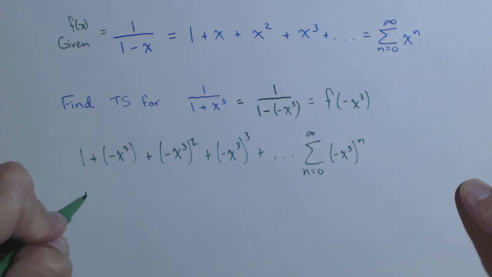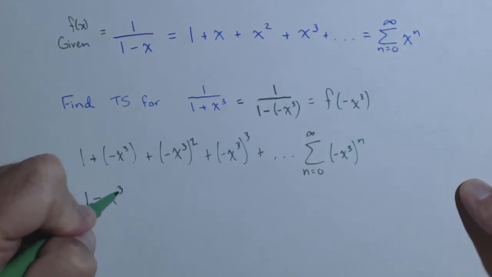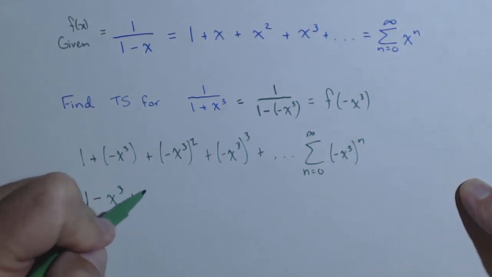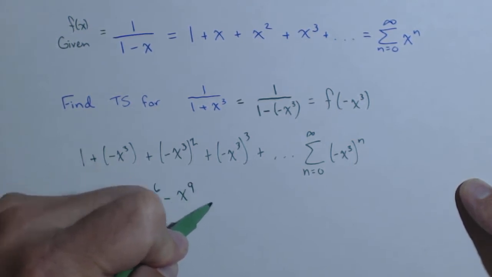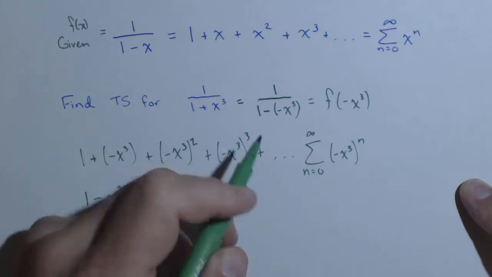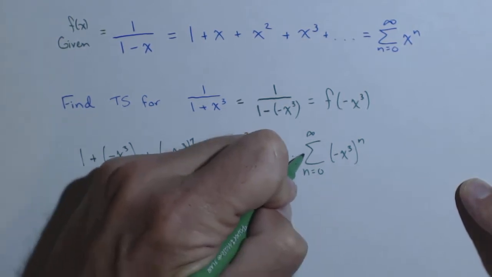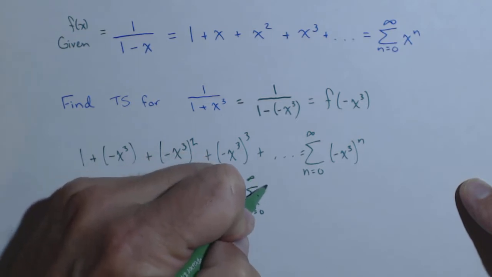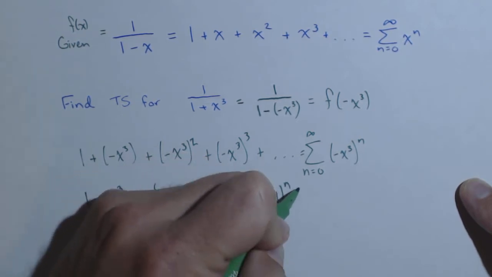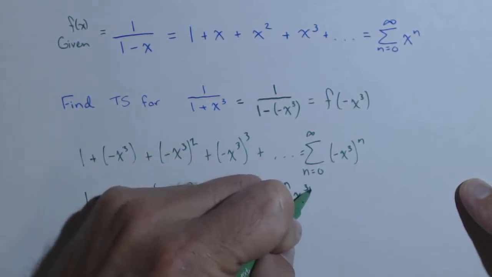And we'll simplify this a little bit, so 1 minus x cubed plus x to the 6th minus x to the 9th plus ... You can see here we are going to get an alternating series, so negative 1 to the n times x to the 3n.